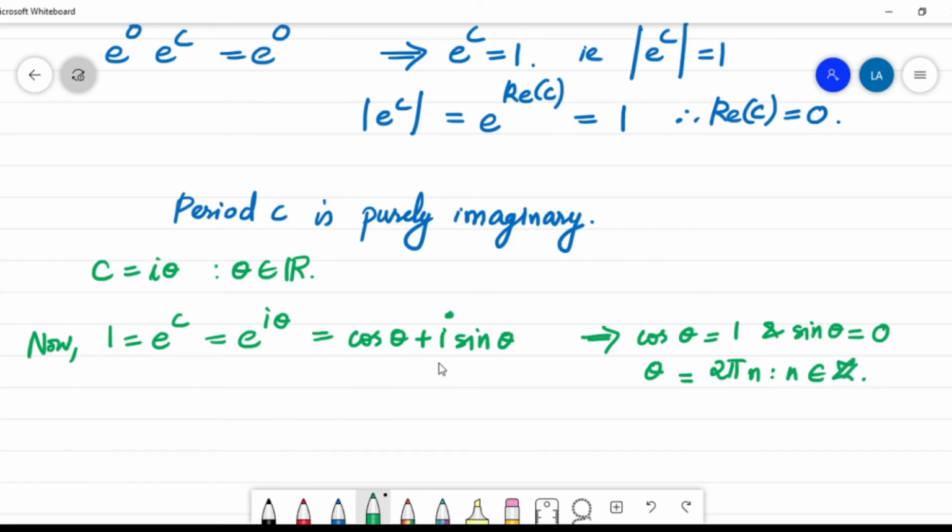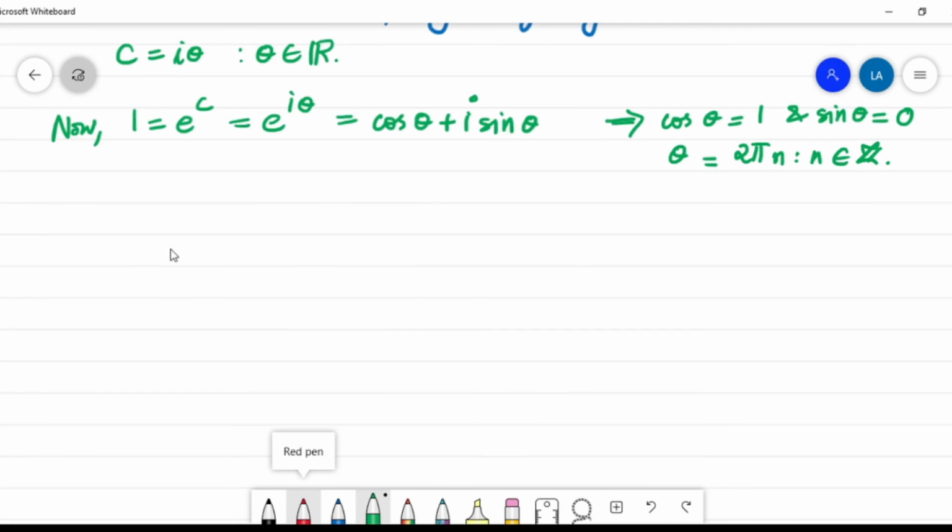So, that will mean that C is equal to I theta will imply I into 2 pi n, where n is a set of integers. Okay.